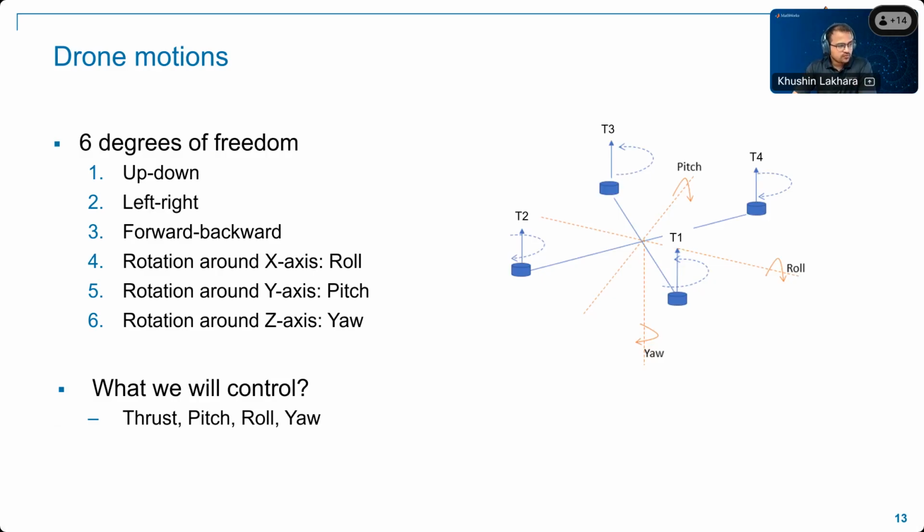So we see that we have 6 degrees of freedom, but when we want to control, we have only four motor-propeller based propulsion system. So what we can actually control is thrust, pitch, yaw, and roll.